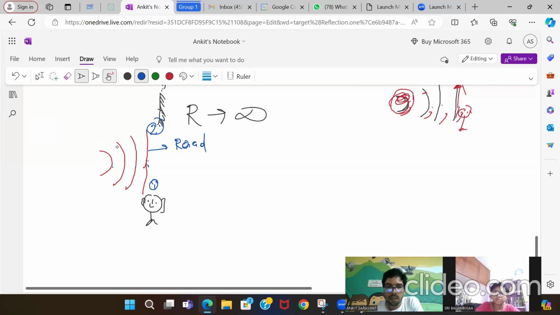Now, did you see one thing? Here aperture, here aperture. Aperture is also high. This is the diameter of aperture, na? See, this is one mirror.